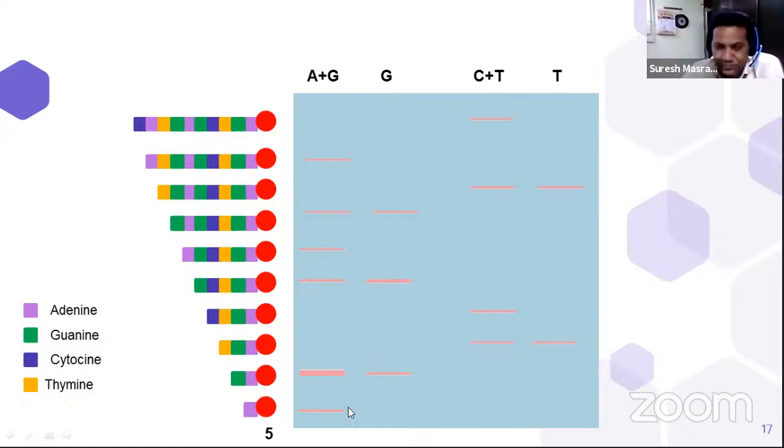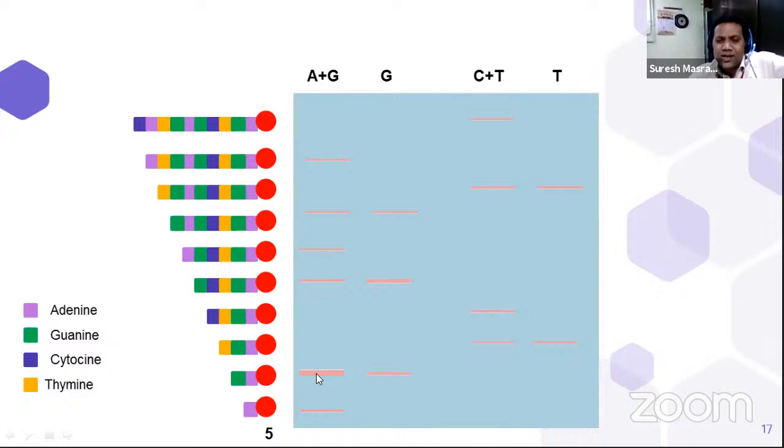Then the second most position of band is this band. Now, in this case, in the first lane we observe a band, in the second lane also we observe a band. Now, the second band can be cut only at the level of guanine.